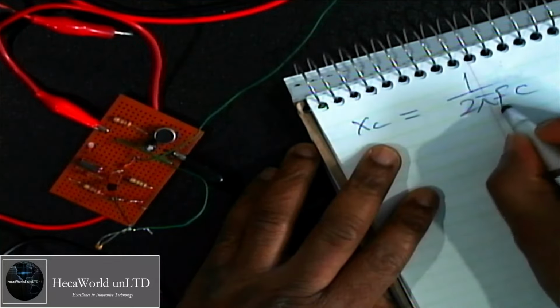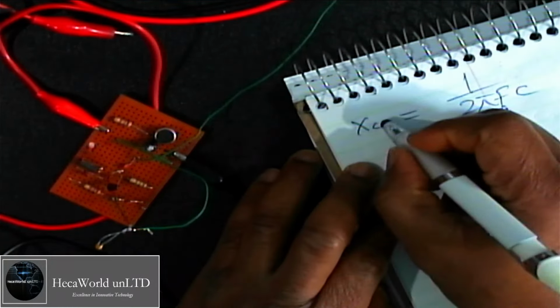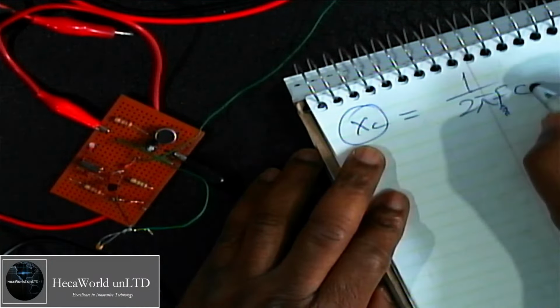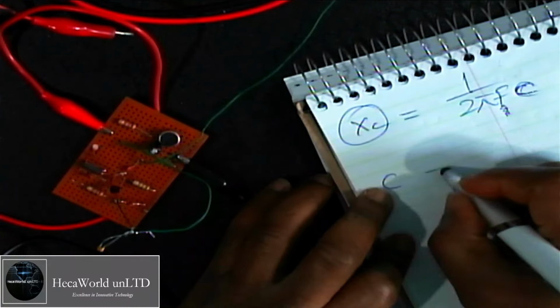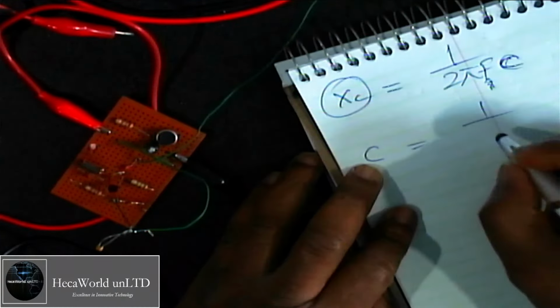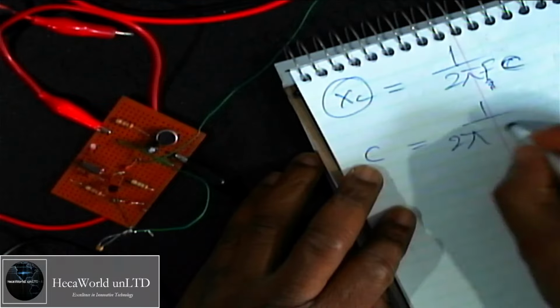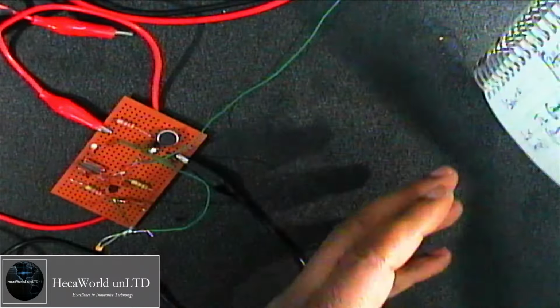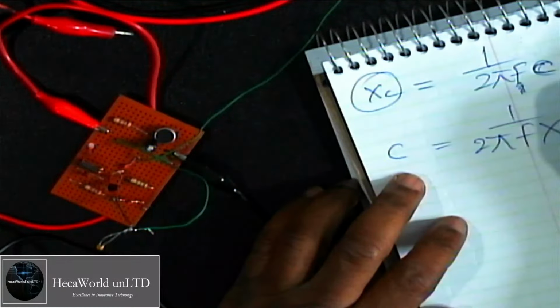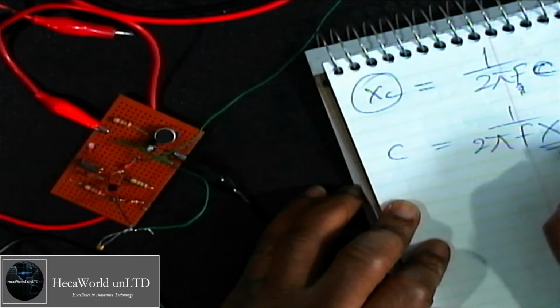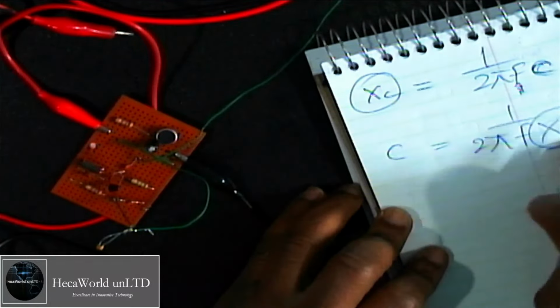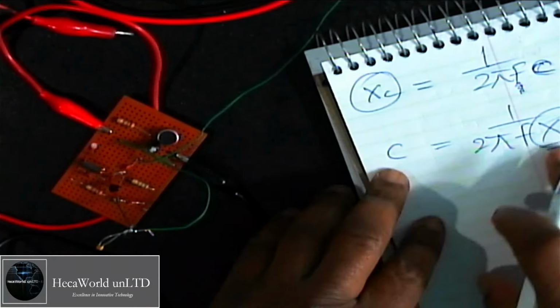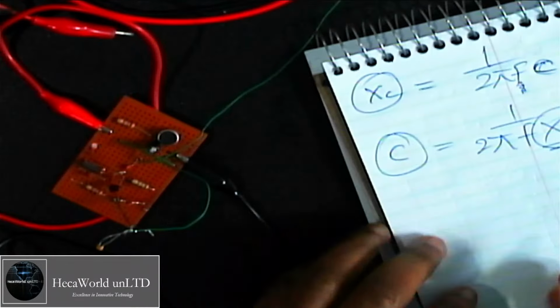If you know your frequency of operation and you know the value you want your XC to be, calculate C. So make C the subject of the formula such that C is equal to 1 over 2 pi F XC. In our case, for the antenna, you want XC to be 50 ohms. So substitute 50 ohms here, and you get the value for your C. All right, that's how you calculate that.